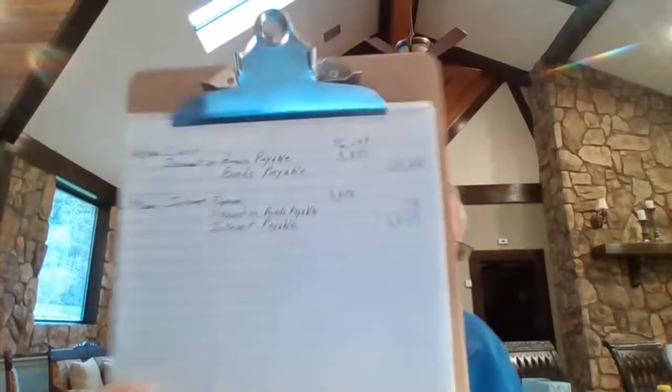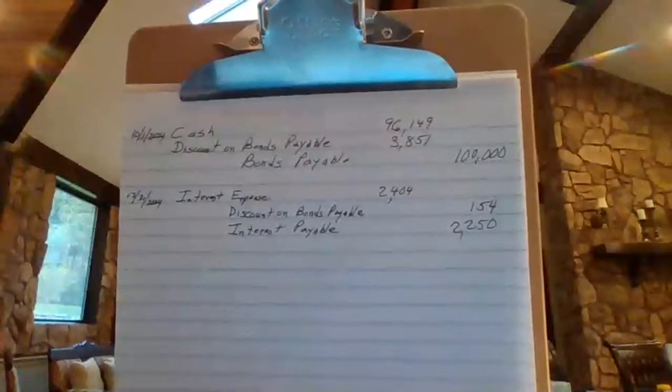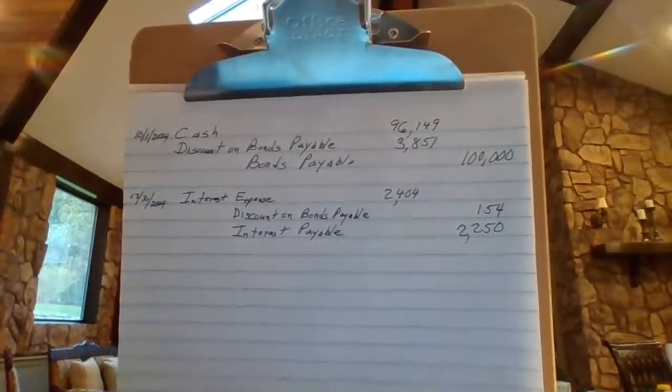It's going to be paid on March 31 of 2025, but we are at December 31, 2024. So let's call it what it is: interest payable. And there's the adjusting entry needed at the end of December of 2024.